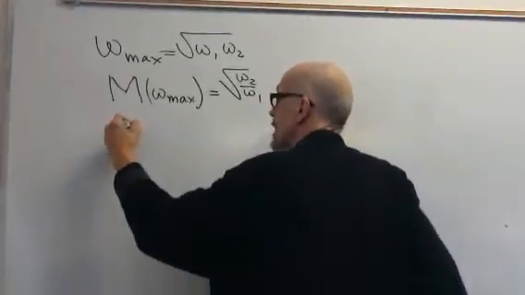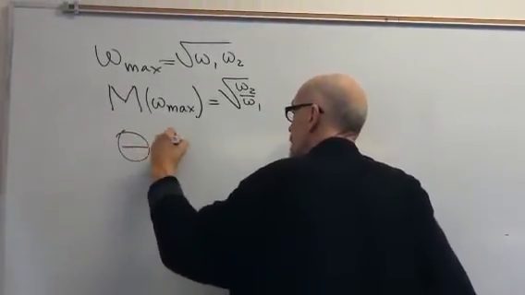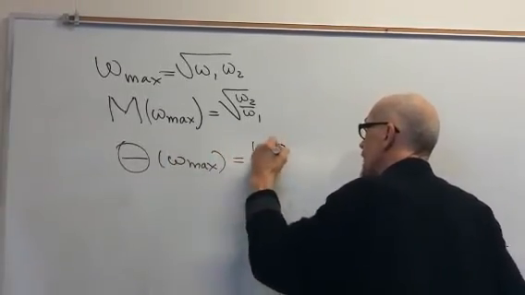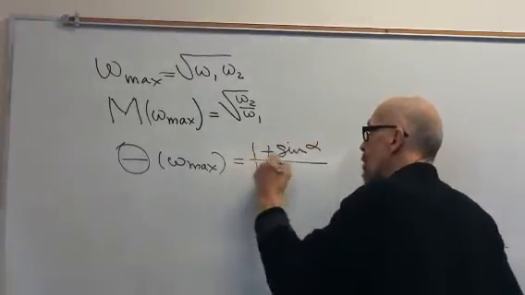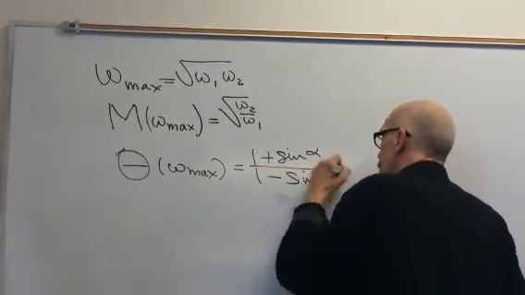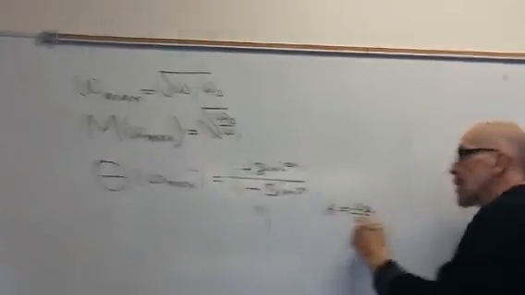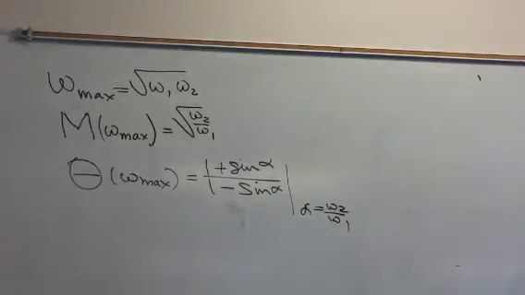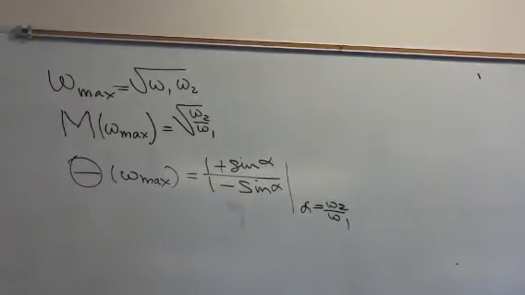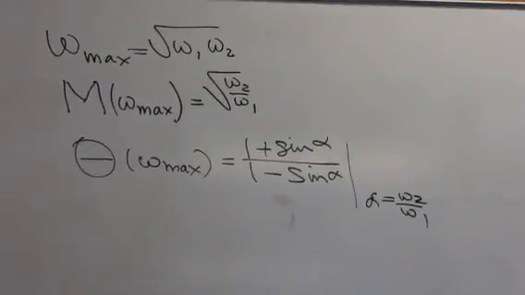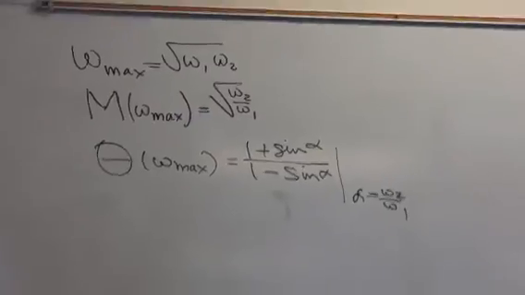And the third equation is theta of omega max is 1 plus sine alpha over 1 minus sine alpha, where alpha is omega 2 over omega 1. You can just get rid of the alpha if you want. Sometimes I get lazy in my word equation editor, and it's much easier for me to click alpha than it is to click omega sub 1 divided by omega sub 2. So that's the third equation. It's just from that picture. Okay.